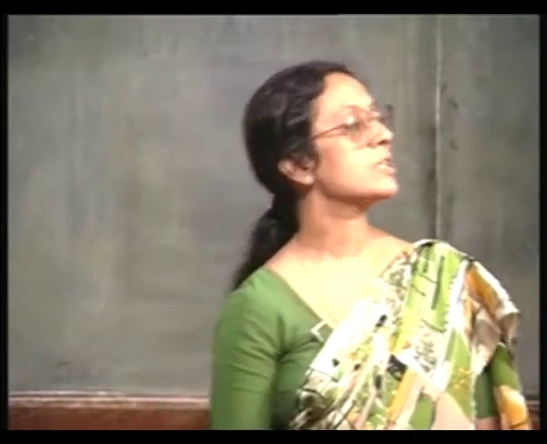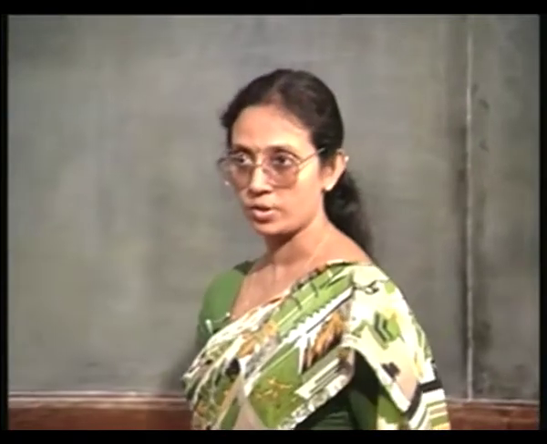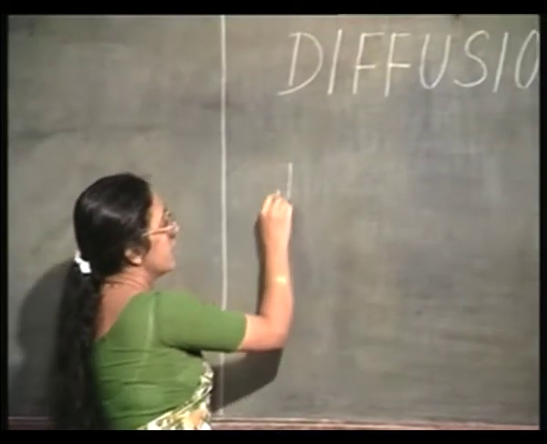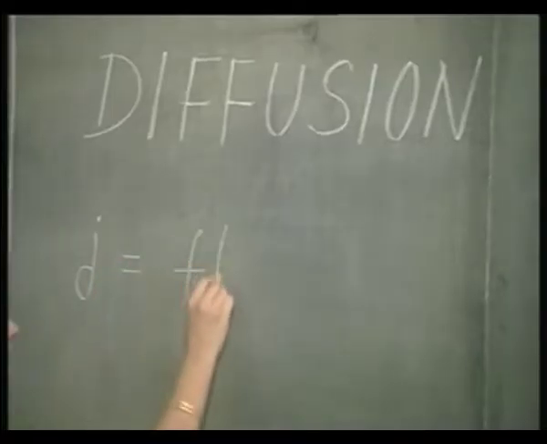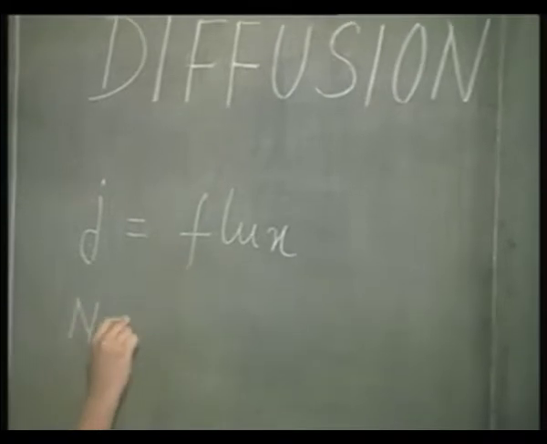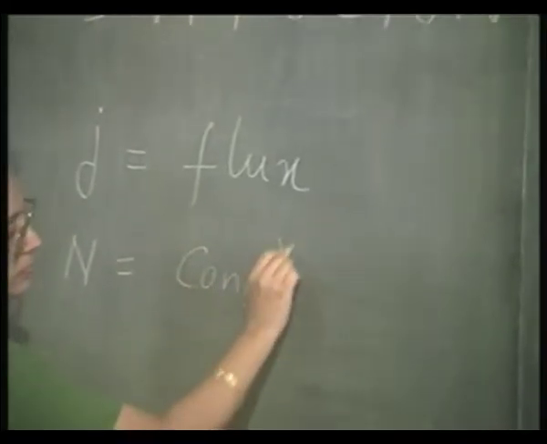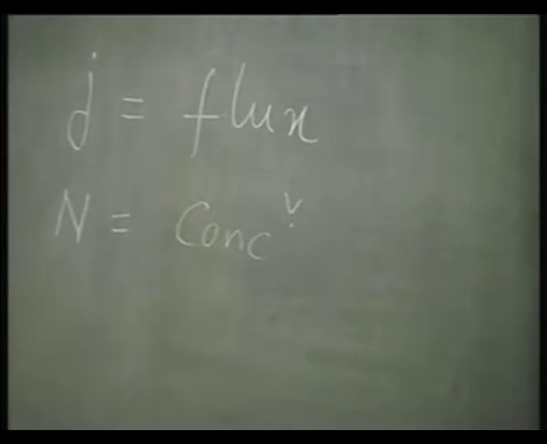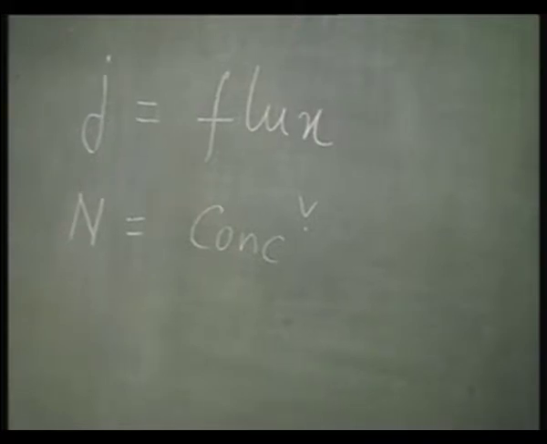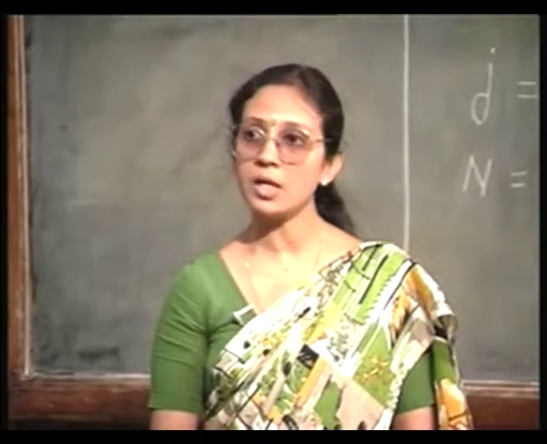So, this Fick's law is valid actually for these dilute solutions, and in this we can say that J is actually the flux, which is the rate of transfer of the dopant per unit area. n is the concentration of dopant. x is the direction in which the movement of the dopant atom is taking place, therefore, ∂n/∂x is the concentration gradient, and the movement is obviously from the high concentration side to the low concentration side.